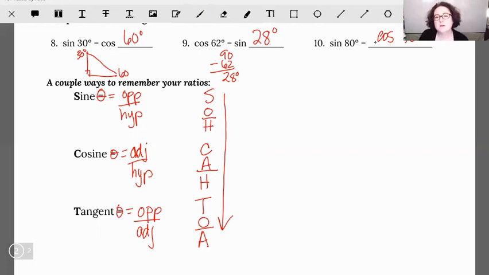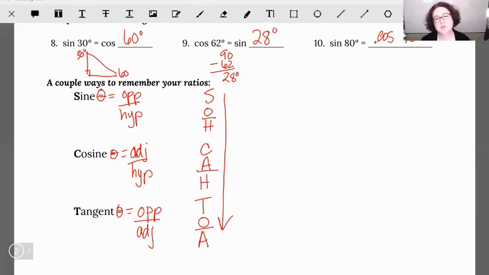Another way you could remember this, and you're going to want to listen closely because I'm not going to write this down: the way I learned this in my geometry class was "some old hippie came a hopping, tripping on acid." But of course, that's not really appropriate for school.